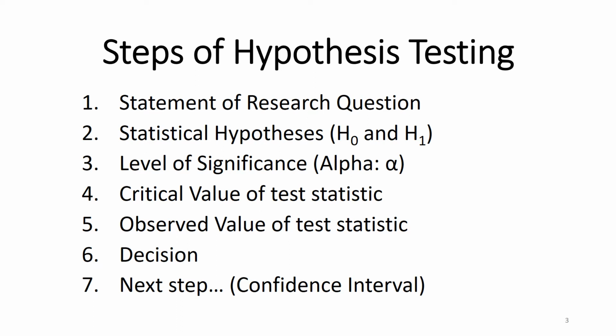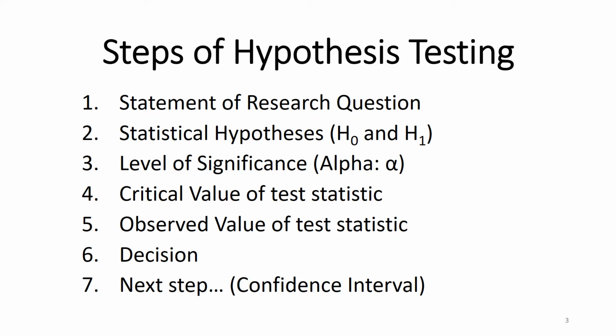Once we have our observed test statistic, we can move on to step 6. In step 6, we compare our observed test statistic versus the critical value that we got in step 4, and that will make our decision. One thing to keep in mind is that at the end of any hypothesis test, we have to make a decision.